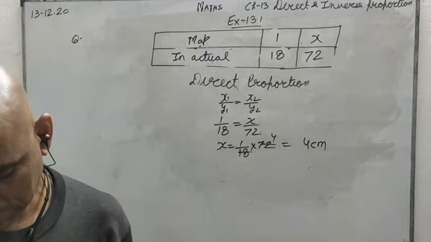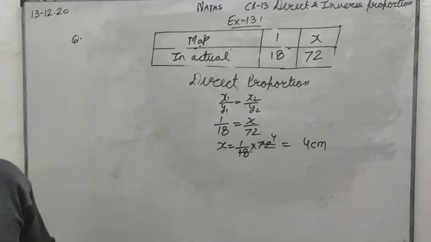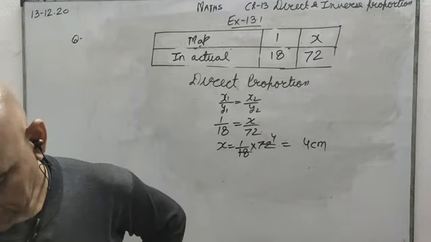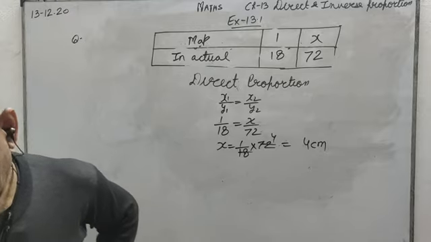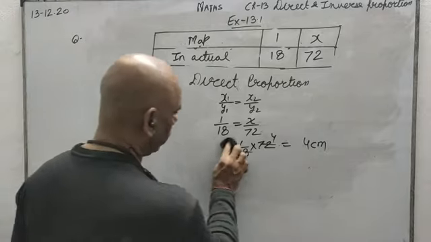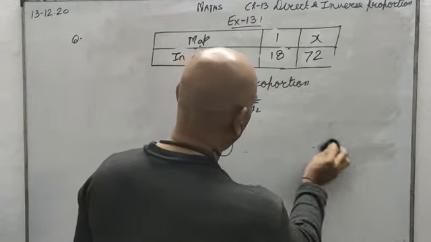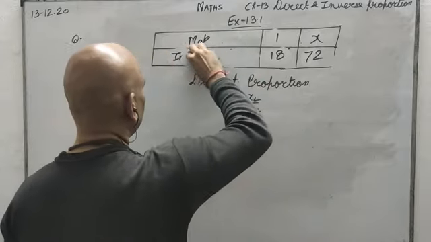So this was question number 8. Now let us see question number 9. A 5 meter 60 centimeter high vertical pole casts a shadow of 3 meter 20 centimeter long. So one is the pole and the other is its shadow.